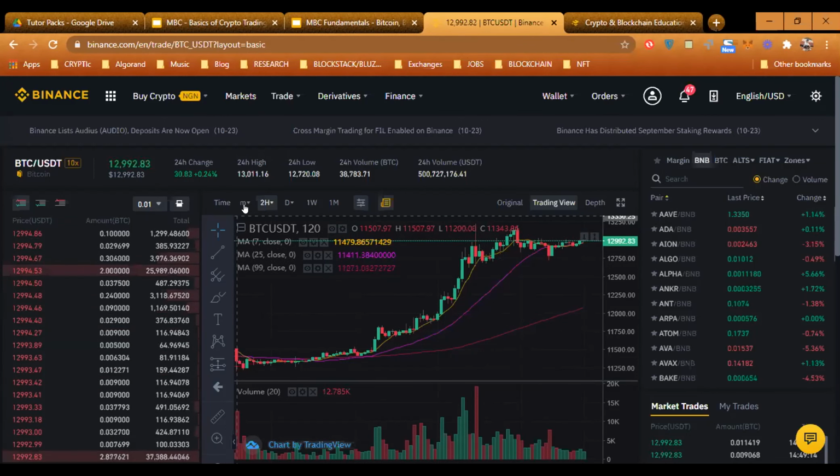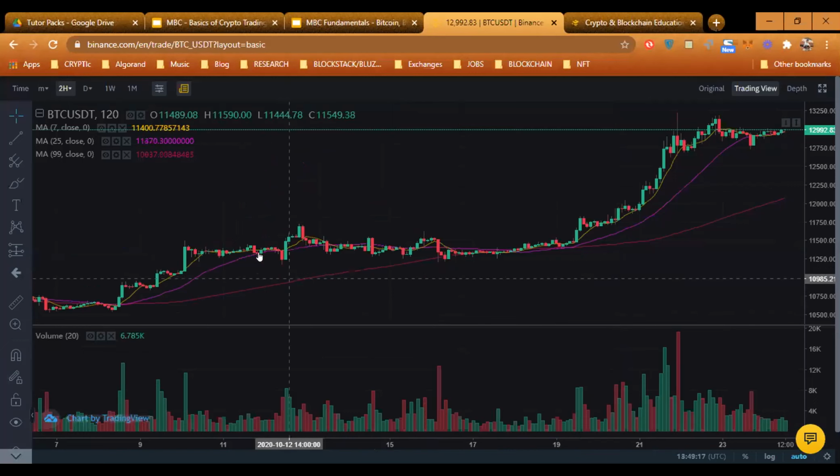Okay, so let me show you support and resistance. This is a 2-hour chart. All right. Now, for the past, this is the time from 12 o'clock. Let me use this one. So let's say I want to draw the support.